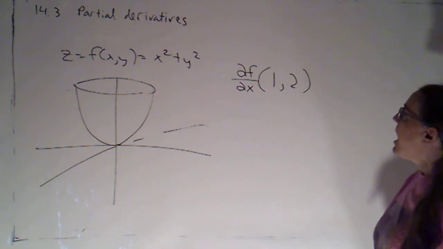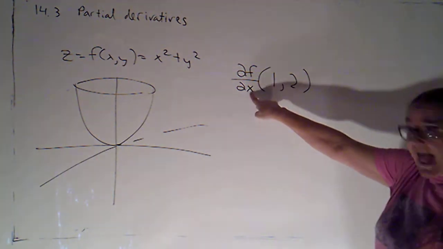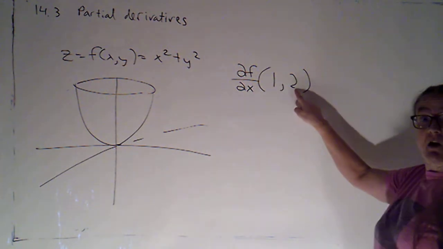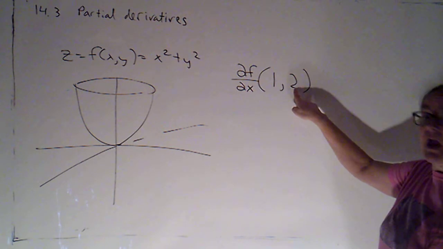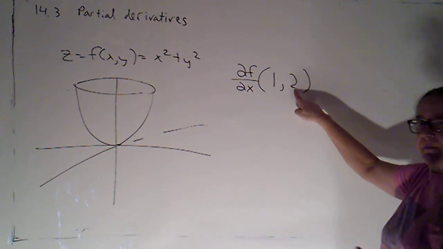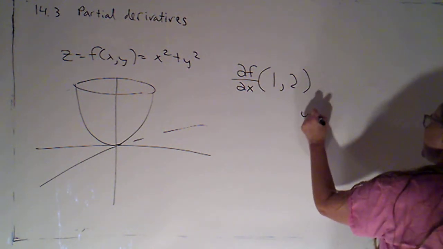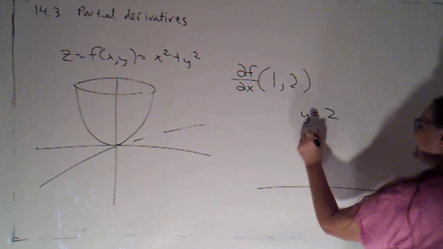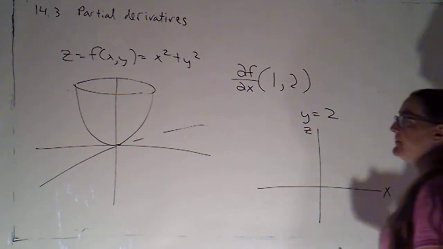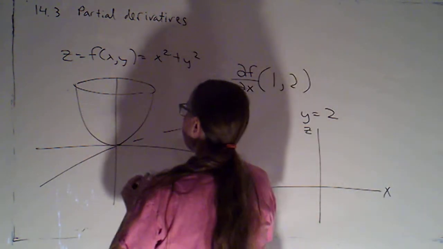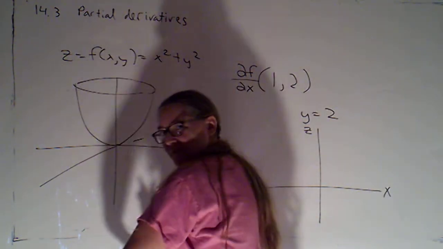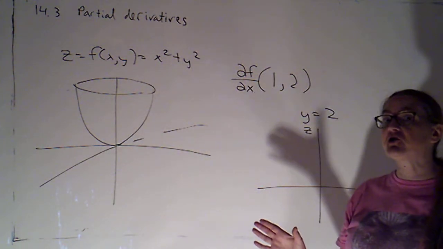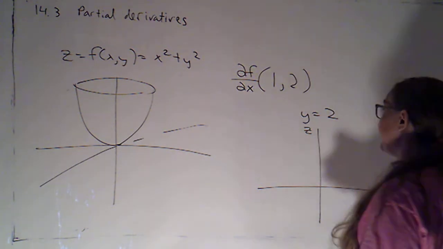Okay, so that says I want x to be my variable, so I'm going to be holding y constant, and I'm going to be holding it constant at 2. So geometrically what's happening is I'm looking in the plane y equals 2. Now that plane is parallel to the xz plane. I'm basically taking this and I'm slicing it with the plane y equals 2 and looking at the cross-sectional curve that I would get there.